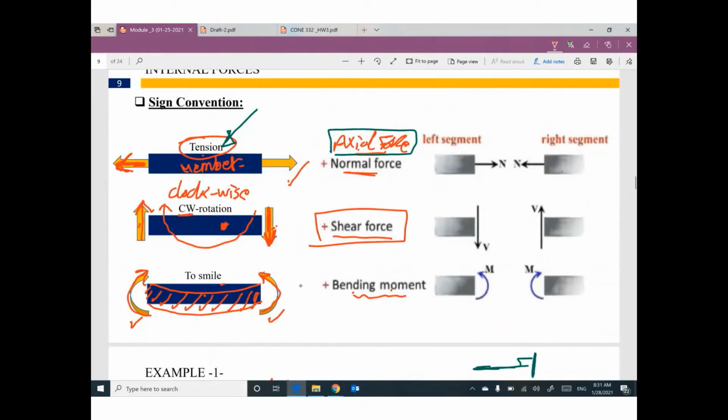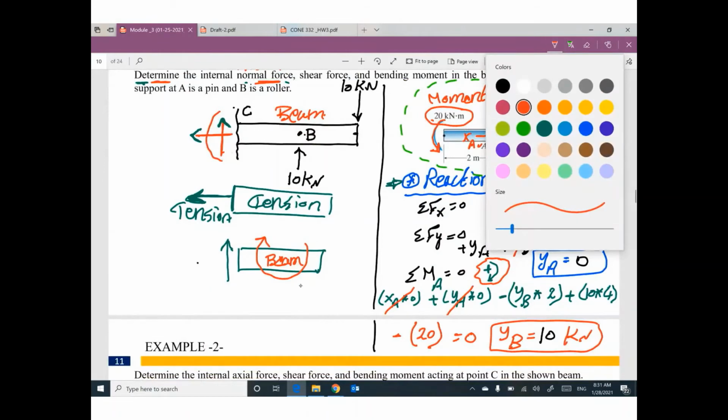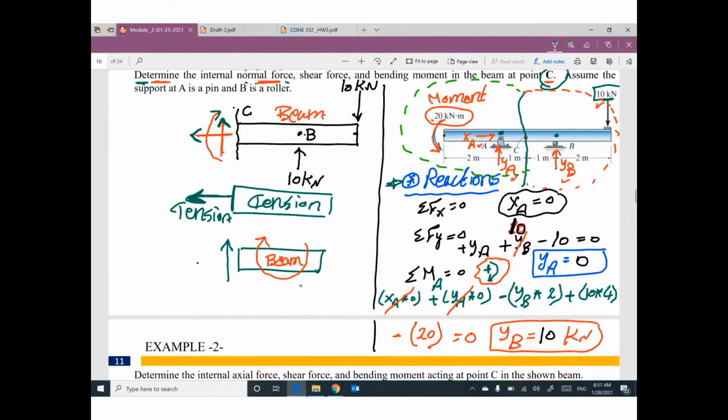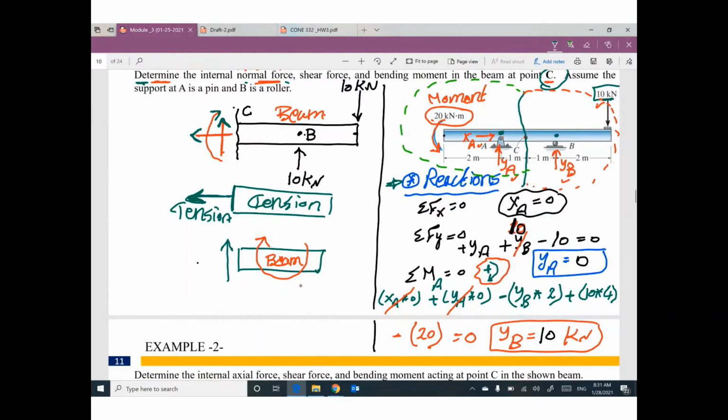The positive direction for shear, you need to assume it to make clockwise rotation. How can I assume the moment? The assumed moment will be like this. Why? Because this assumption will cause this beam to smile.